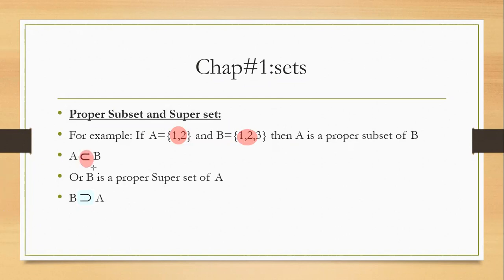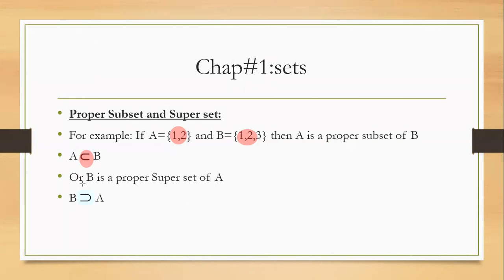Here you can see that this symbol is used for the proper subset. How can you read it? A is a proper subset of B. If A is a proper subset of B, then B is a proper superset of A.